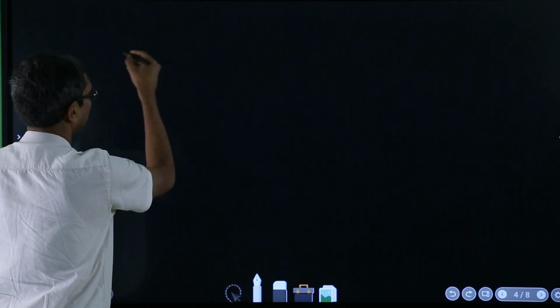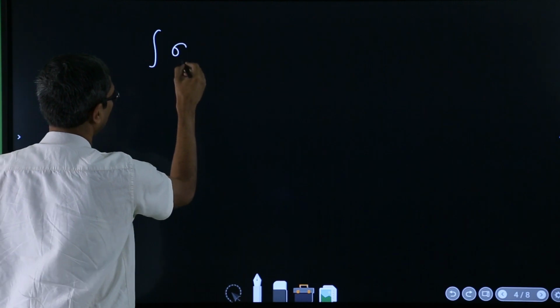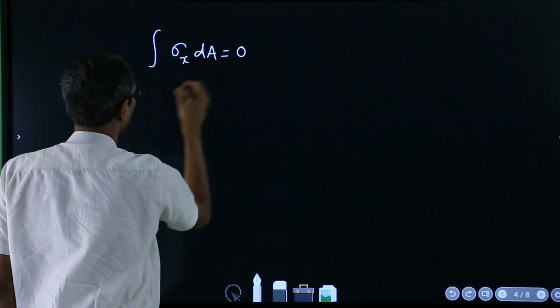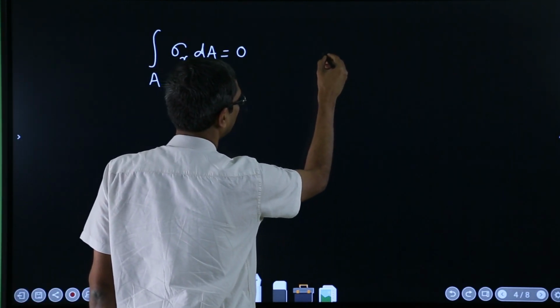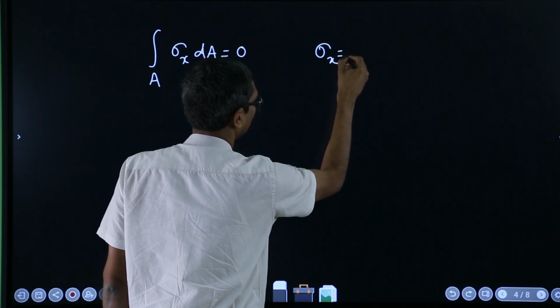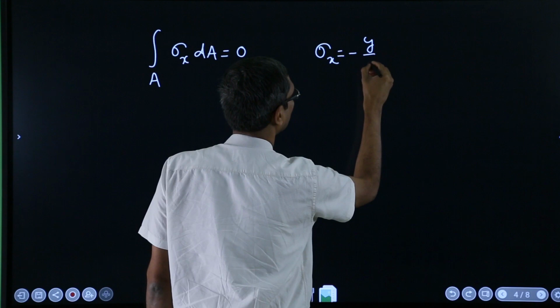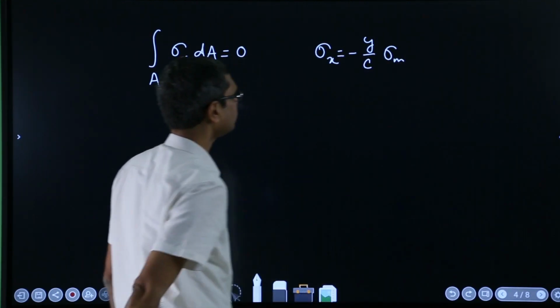So our first equation is telling us that the integral of sigma x times dA is 0 over the full area, and at the same time we know that sigma x is nothing but negative of y over c times sigma m.